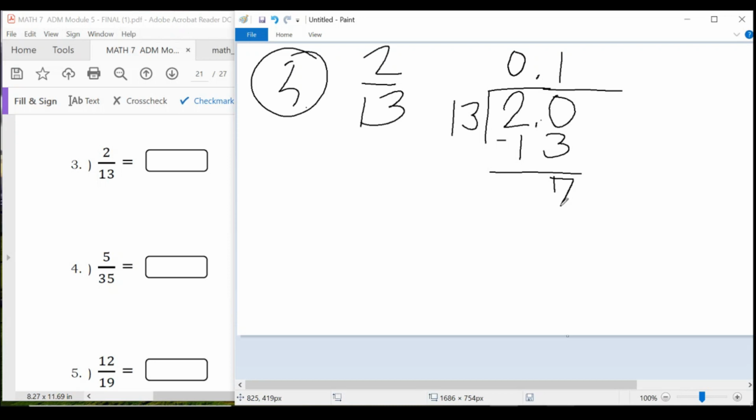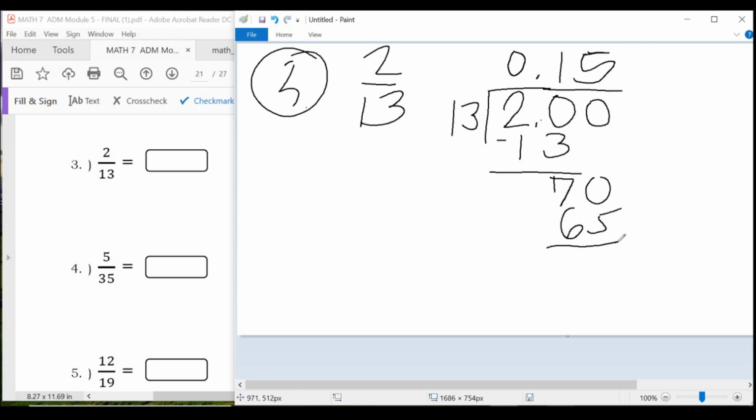So 7 divided by 13, less than 13 pa rin yan, so add tayo ng 0. So meron na tayong 70 divided by 13. So we can have 5. So 5 times 3, that is 15. Then 5 times 1 is 5 plus 1, that's 6.